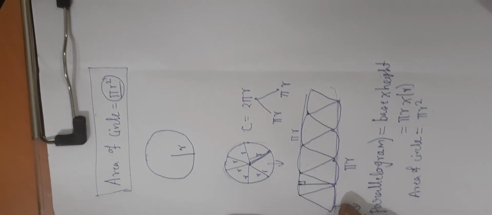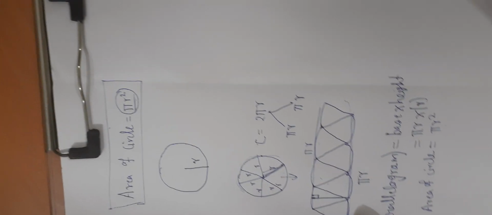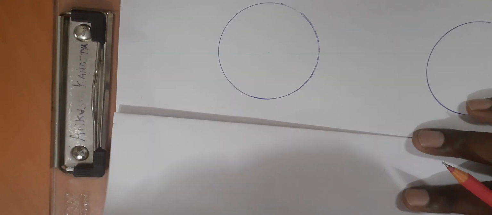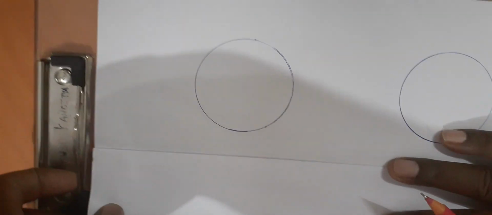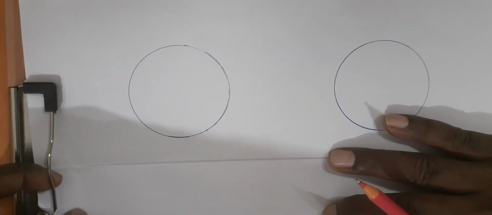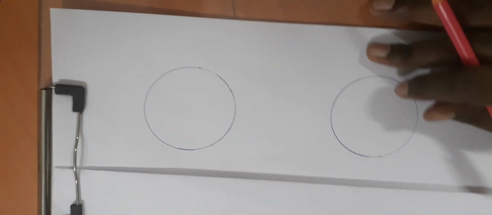Further, as I said, this is also the basics of areas related to circles, which you have in 10th CBSE chapter number 12. So I will try to make you understand what different parts we have in areas related to circle.